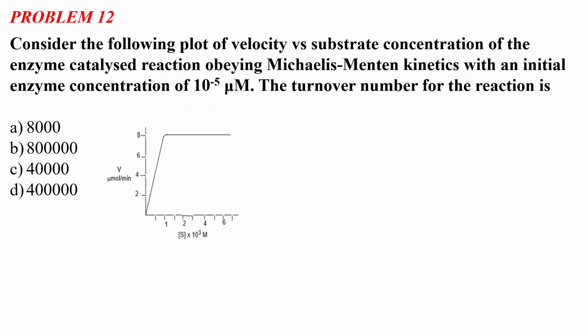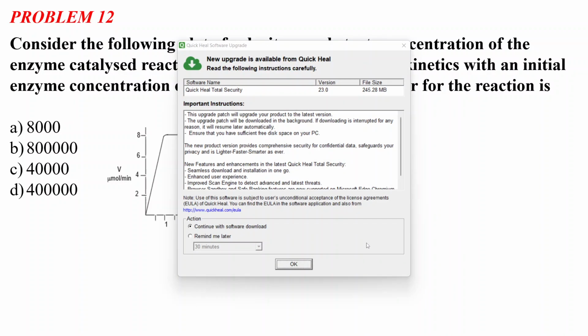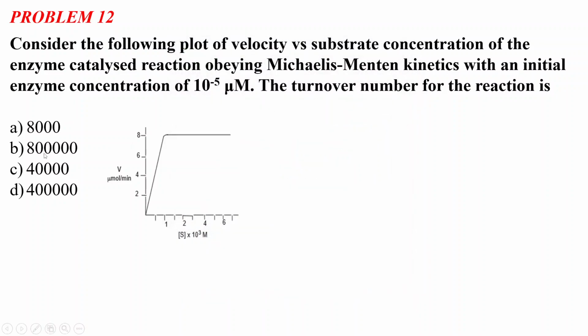It says: consider the following plot of the velocity versus substrate concentration of an enzyme catalyzed reaction obeying Michaelis-Menten kinetics, with an initial enzyme concentration of 10 to the power minus 5 micromolar. The turnover number for the reaction is: option A, 8000; then we have 8 lakh, then 40,000 and 4 lakh.